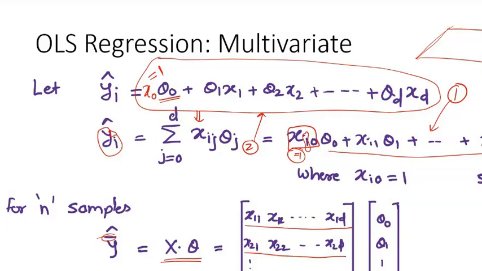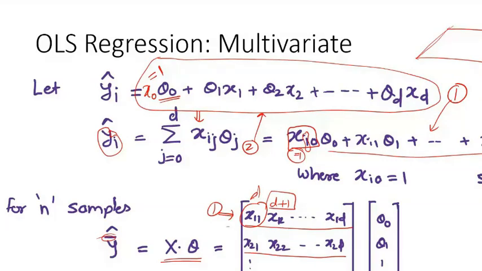So this is input 1 actually. Since it has d variables, it will actually be d plus 1 dimension here. This first dimension we are adding intentionally. That is always equal to 1, as I said.